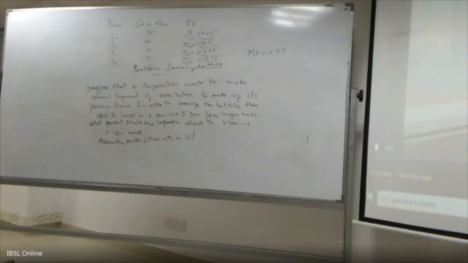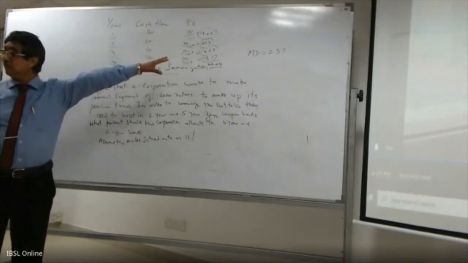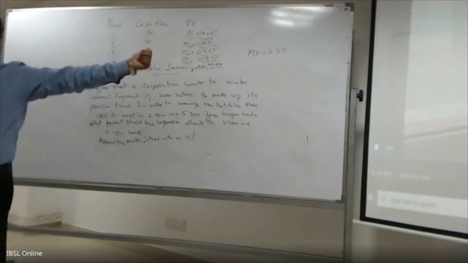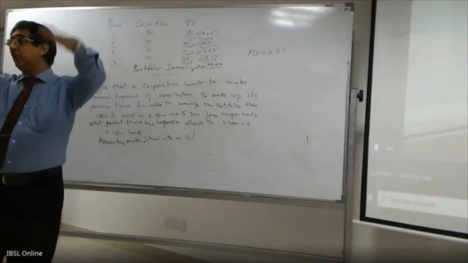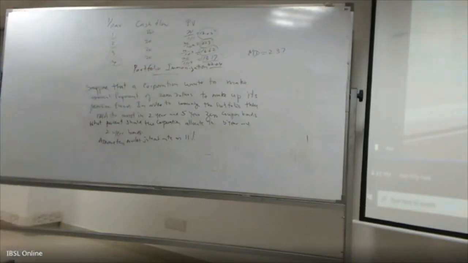Then now, in order to immunize this, this is a type of payment we are going to make. It is an outflow line. But through our investment, we will have an investment in the 2-year and 5-year bonds.